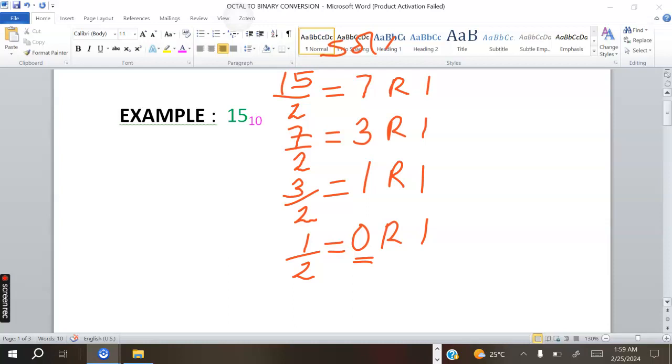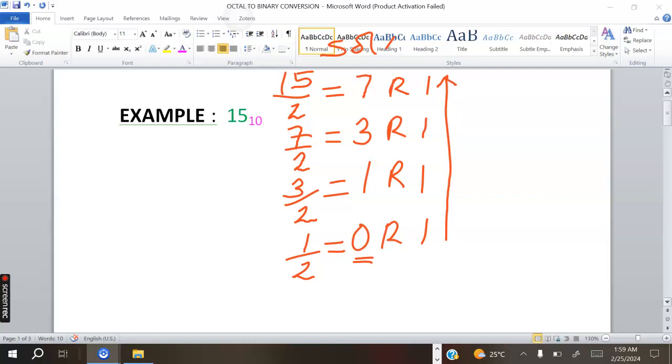Now remember the rules. Once the quotient is 0, you are supposed to read the remainders upward. R stands for the remainder, read upward. So I will draw another line going upward to elaborate how to go about the answer.